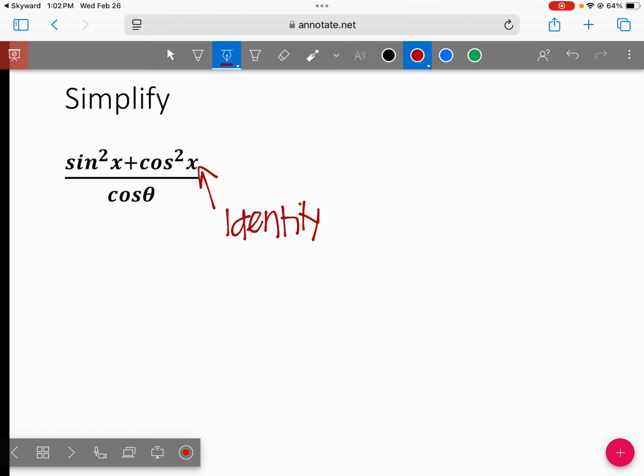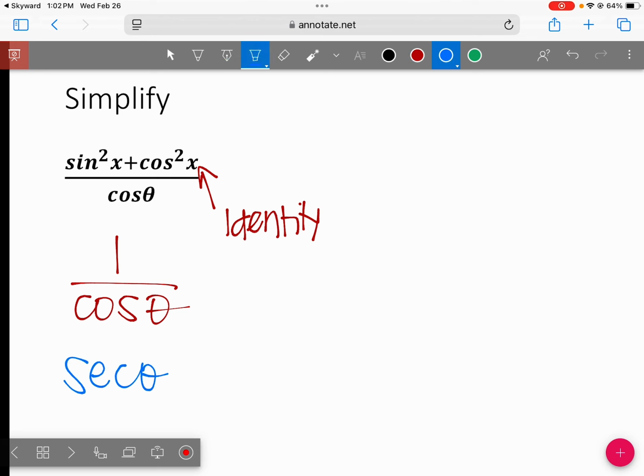It's the Pythagorean identity. What is sine squared x plus cosine squared x equivalent to? 1. So then we didn't do anything with the cosine, so we have 1 over cosine. 1 over cosine is what? Secant. Boom. Look at how easy that was.